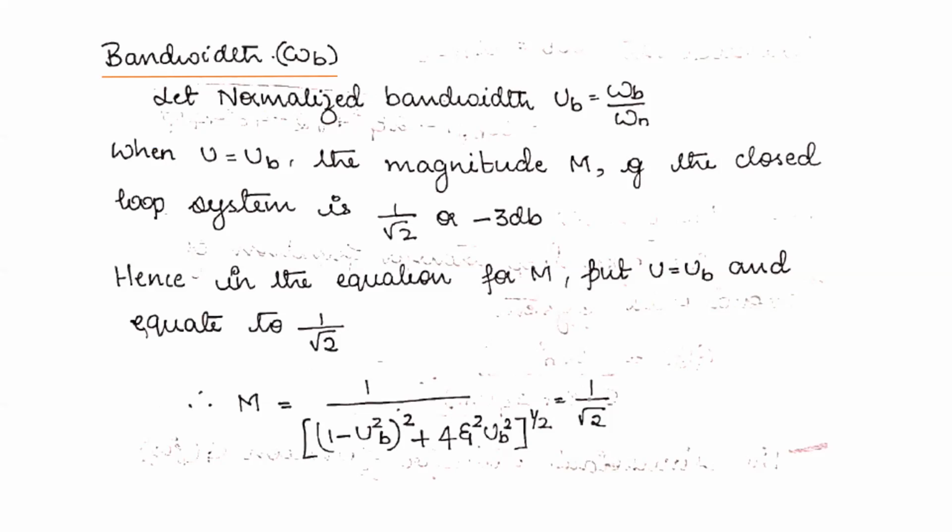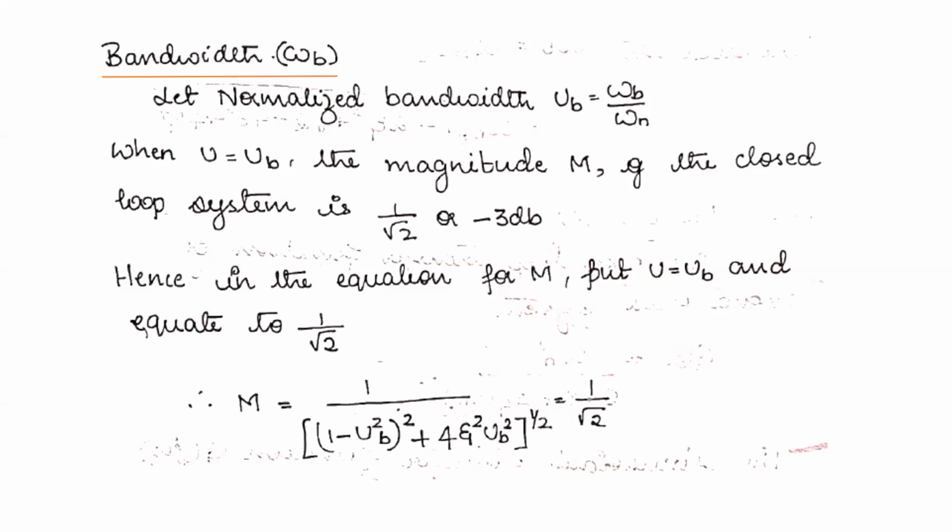Then next is bandwidth. Omega b by omega n is the normalized bandwidth. Now let us see the definition of bandwidth. The definition says the magnitude, or the response of the system, should come down to 70% of its value.